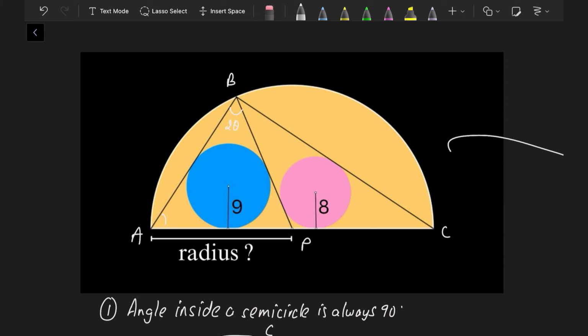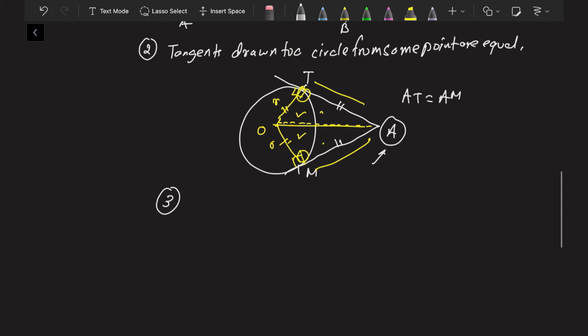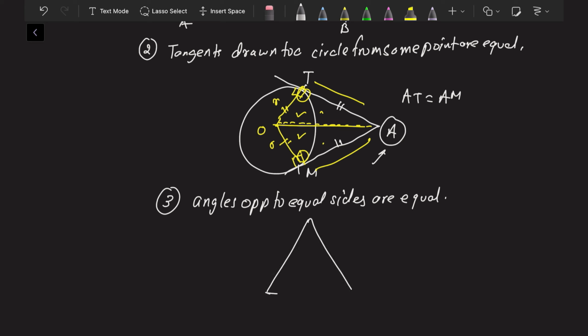So remember that PA was equal to PB, so if two sides of a triangle are equal, let me write down the third theorem that we are using. The third theorem is: angles opposite to equal sides are equal. Suppose that we have a triangle, and if these two sides are equal, it is clear that these two base angles would be equal.